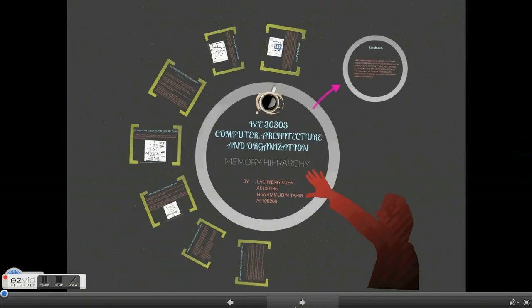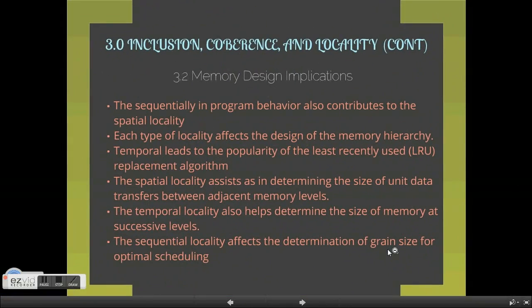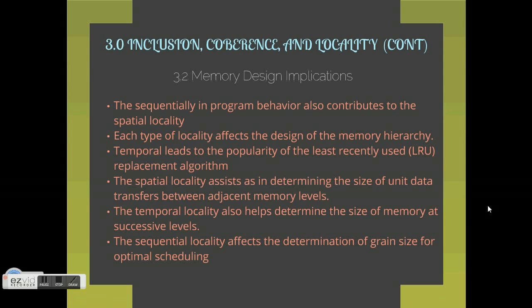So, in memory design implications, the sequentiality in program behavior also contributes to the spatial locality because sequential code instructions and array elements are often stored in adjacent locations. Each type of locality affects the design of the memory hierarchy. The temporal locality leads to the popularity of the least recently used replacement algorithm. The spatial locality assists in determining the size of the unit of data transfer between adjacent memory levels.